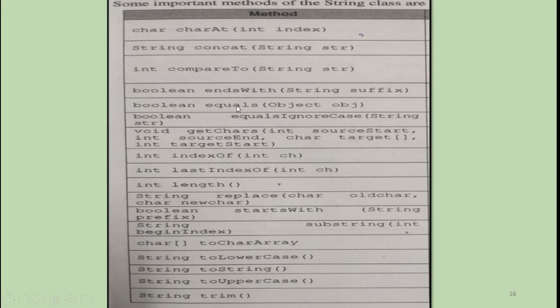Then equals, this function returns true if the string that the object, which is passed as parameter to that equals function, refers to matches the string that the calling object refers to. If both are equal, then it is going to return true. Then next one, equalsIgnoreCase. It compares the two strings by ignoring the case, whether it is capital case or small case.